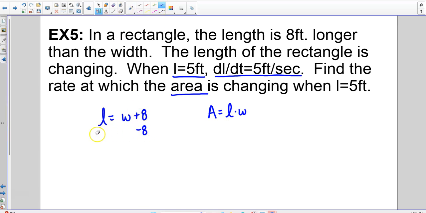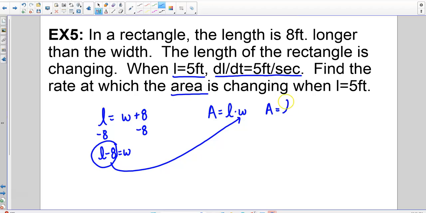I'm going to subtract the 8. Right? L minus 8 equals W. If I do that, then I could replace W with this, right? So I've got area equals L times L minus 8.